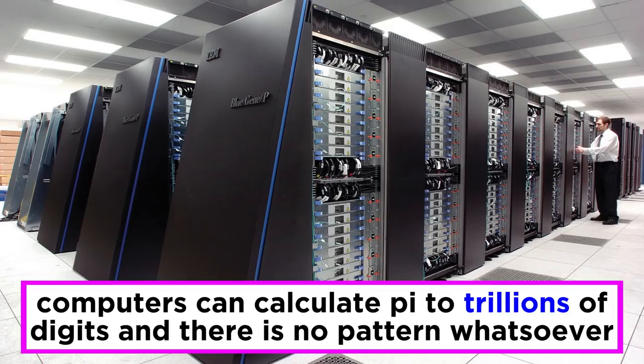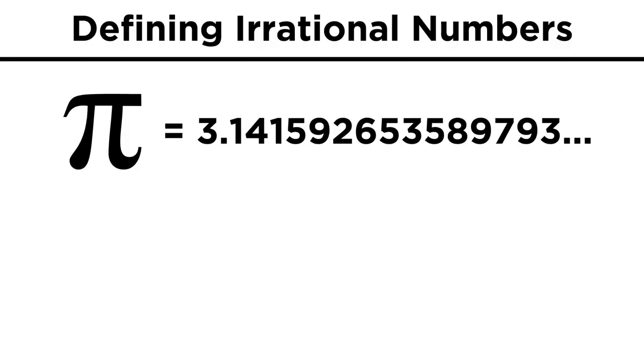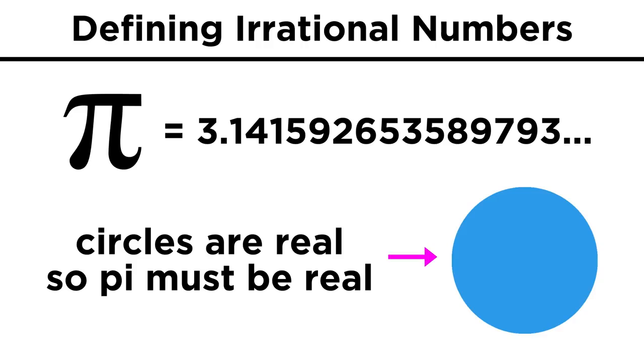With computers, we can calculate pi out to literally trillions of decimal places, and the numbers are random throughout. Once again, even though pi is irrational, it is a real number because circles are real, and all circles have a circumference. But we will get to triangles and circles when we start looking at geometry right after this.